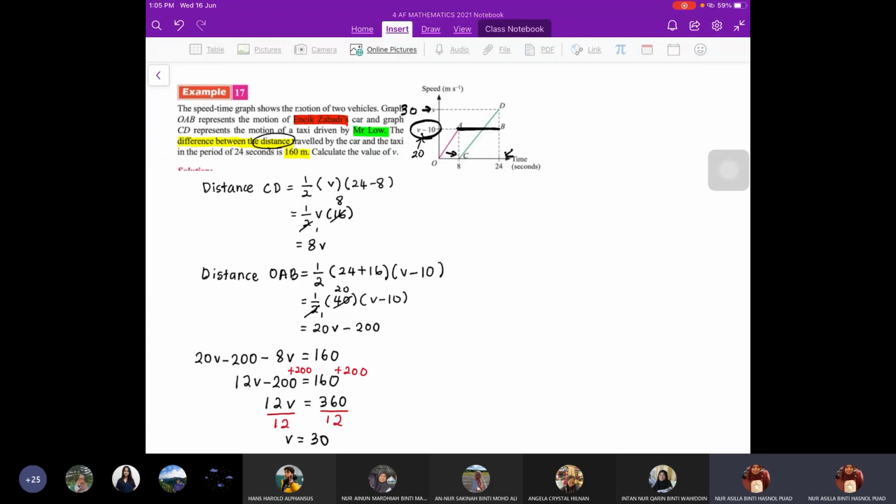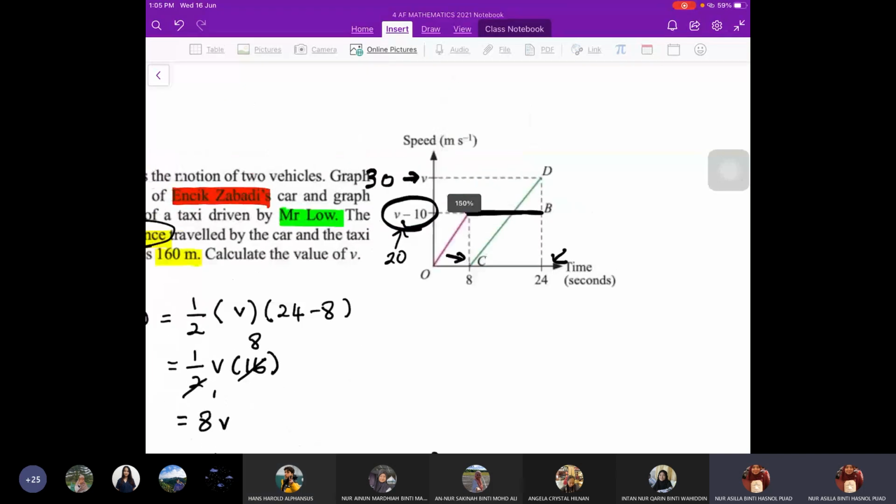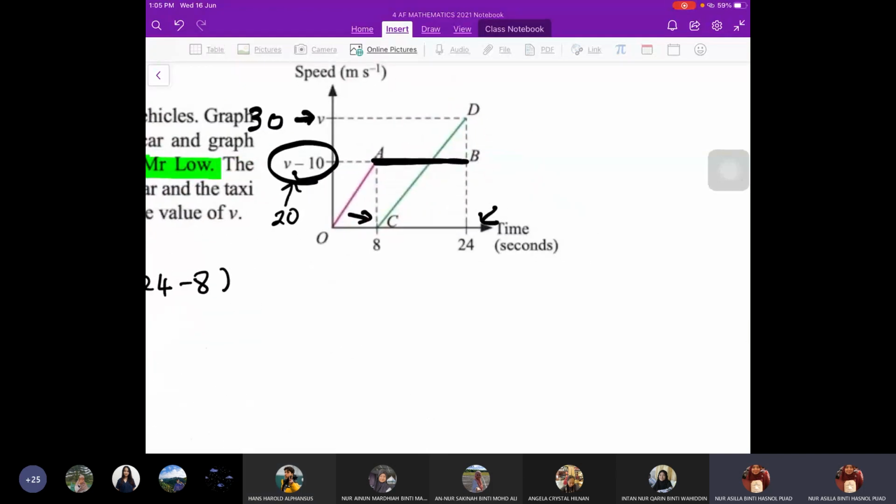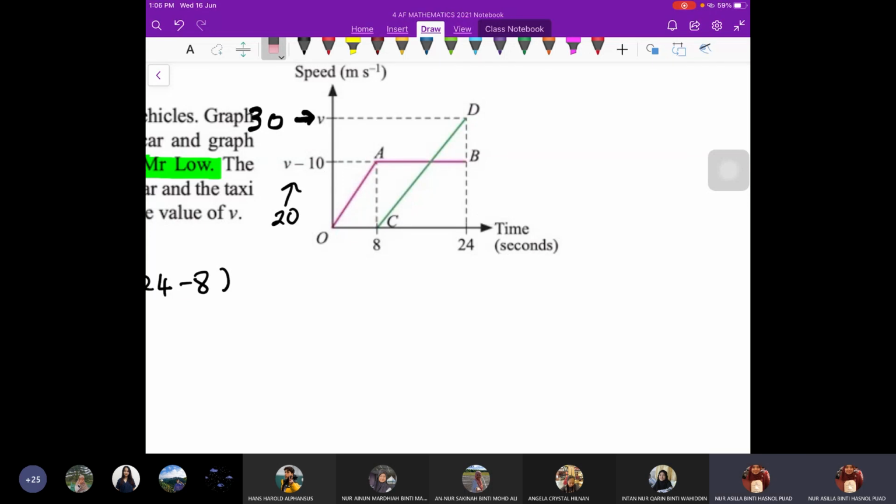Ya, kenapa yang distance OAB itu guna V tolak 10, tidak 16? Sebab, okay. Kita tengok kat sini Hans. Kita tengah cakap pasal area of trapezium.